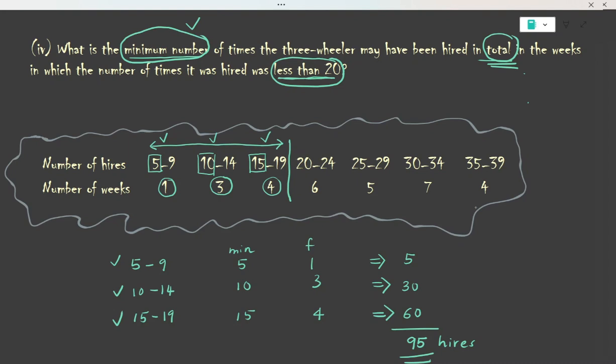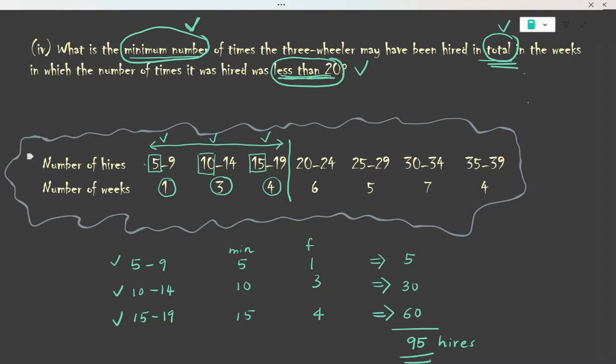So the question was, we had to find the minimum number of times the three-wheel may have been hired in total in weeks with less than 20 hires. First of all, we marked the range less than 20. We got 3 classes, 5 to 9, 10 to 14 and 15 to 19. And from each class we considered that a minimum number of hires were taken.